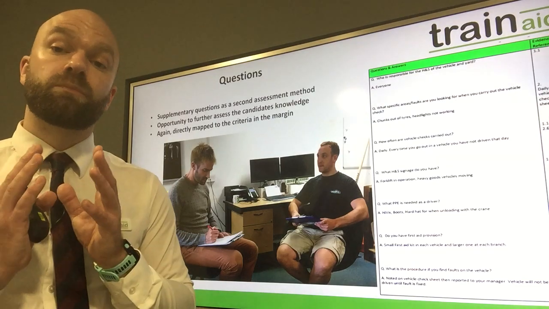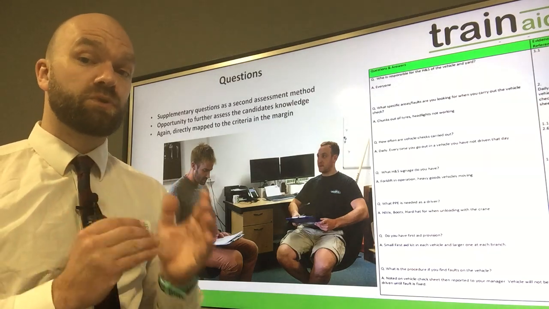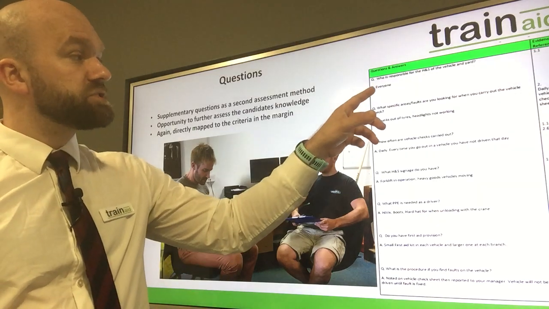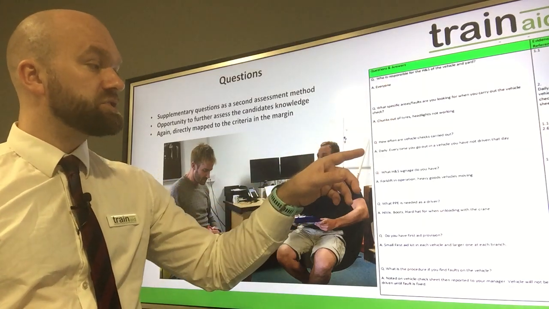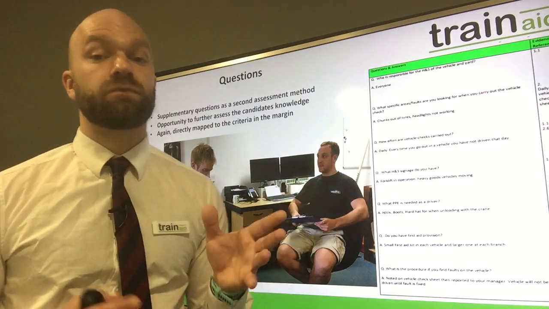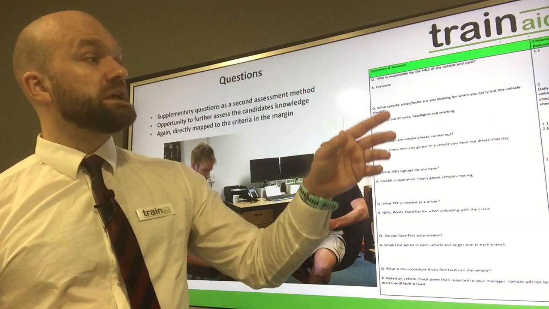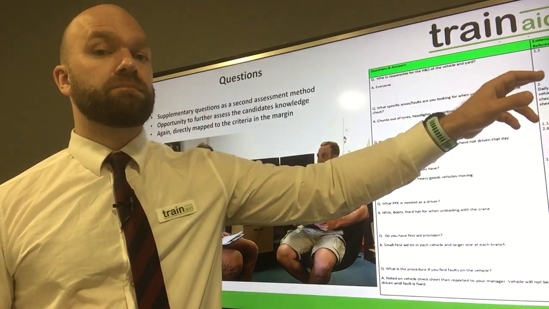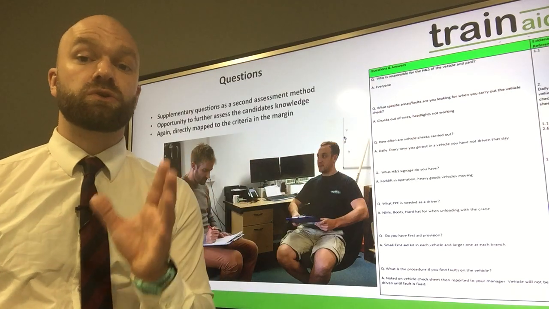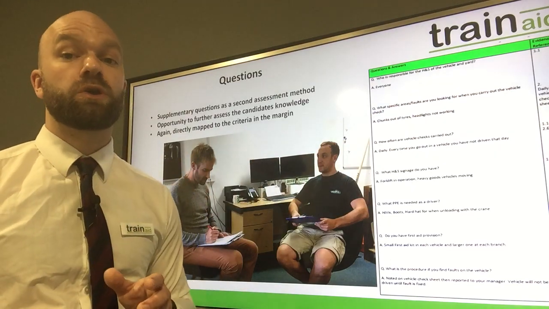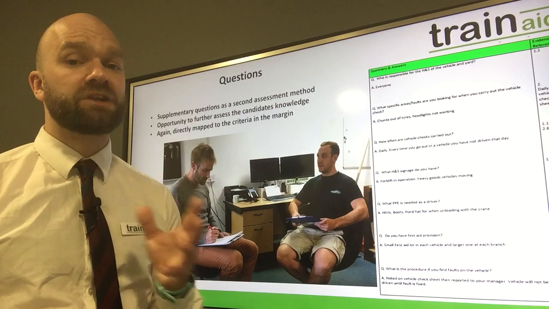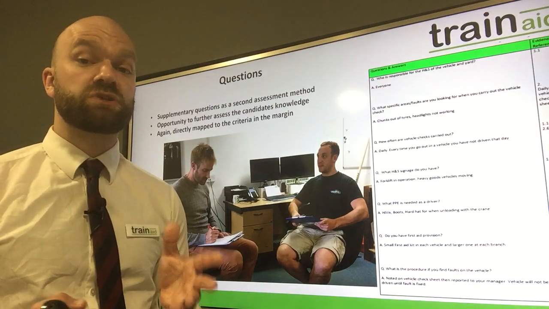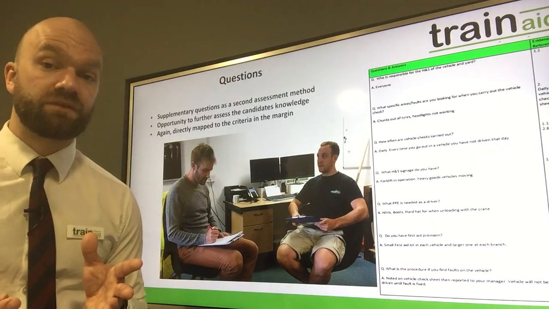So you should perhaps list 5 or 6 assessment questions that you know you're going to ask the learner. It's very important that you write down the learner's response to each of your questions. And finally, there should be evidence that you have mapped each question to the criteria or standards that you are using. Very important not to catch your learner out with any unnecessary or unexpected questions. So do make the questions relevant here.